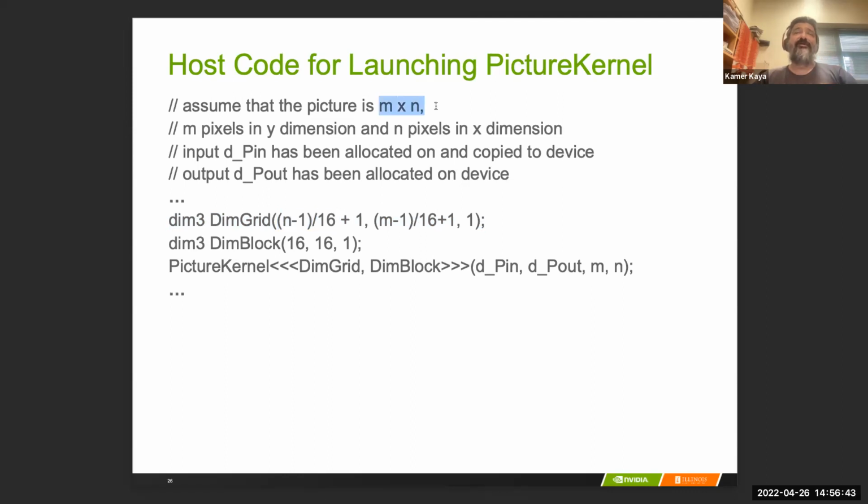If the picture is n by n, this is the n from here, and this is the m from here, and this is the number of blocks that I have. This times this, okay.